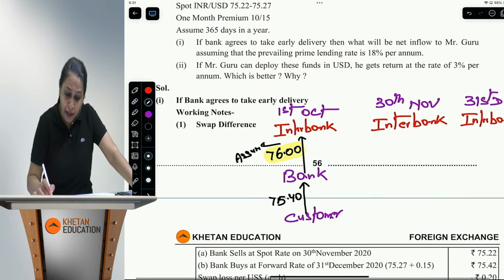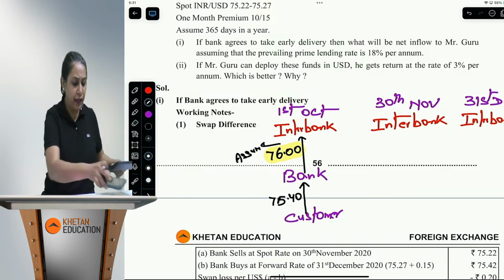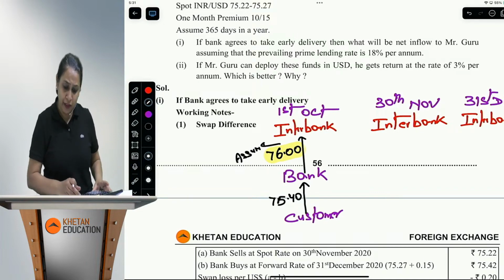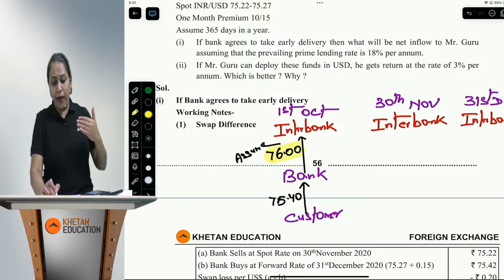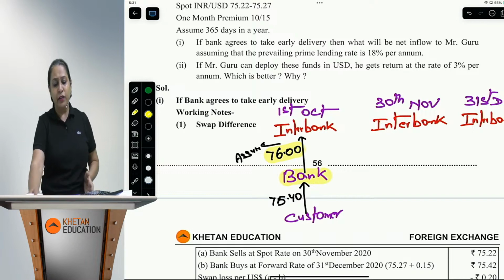This is done. And on the very first day, the bank locked in a profit. What did it do? It entered into a contract with the customer that the customer will sell $1 lakh to the bank at the rate of 75.40, and the bank entered into a contract in the interbank market to sell the same currency at 76.